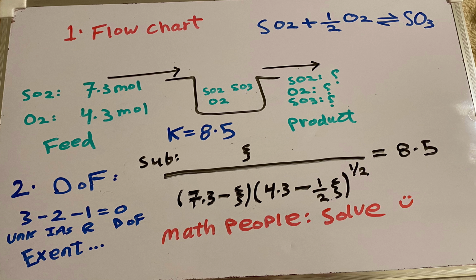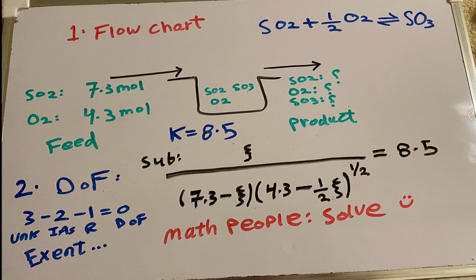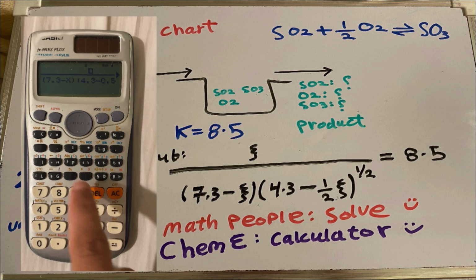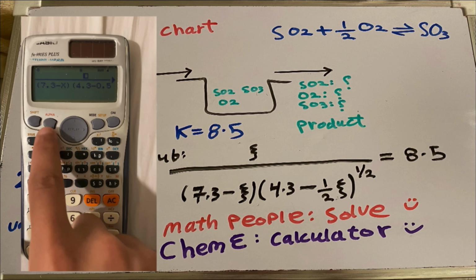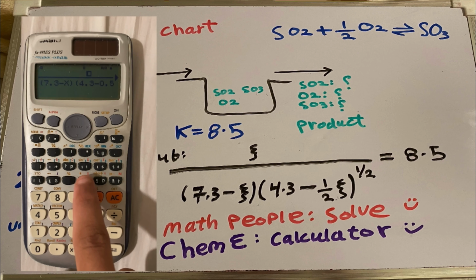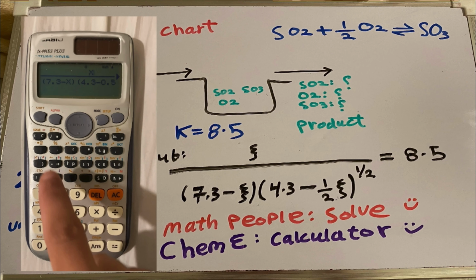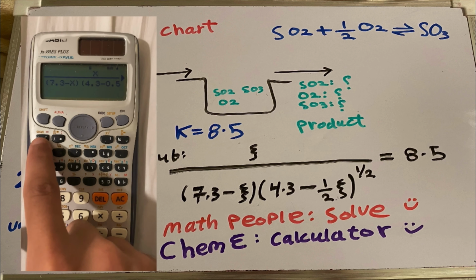We established this equation, and now it's not our job to manipulate it further to reach the form of ax squared plus bx plus c. We need to use the calculator to find the answer because we are chemical engineers, not mathematicians. Unfortunately, your calculator has to be an fx-ES Plus. Otherwise, if you use another calculator, you will not find the calc button.